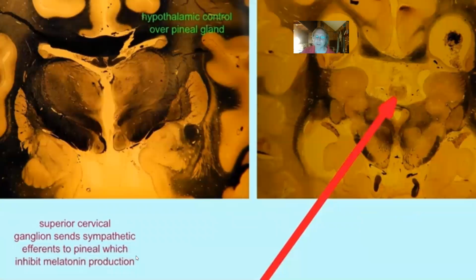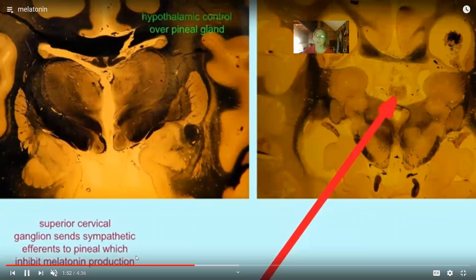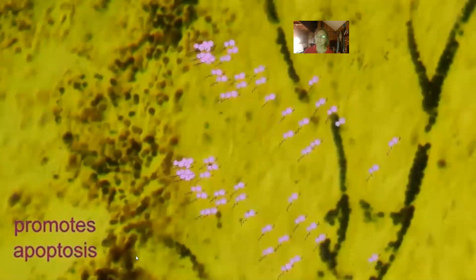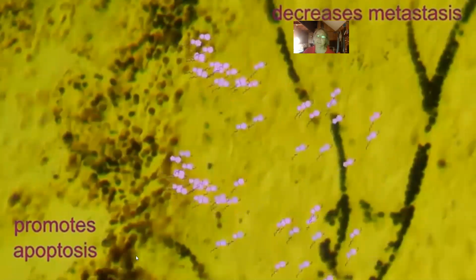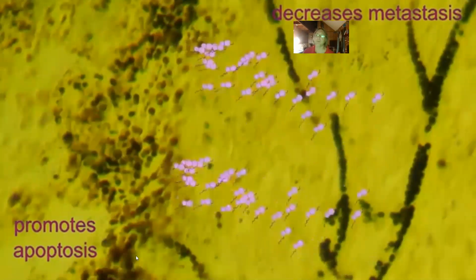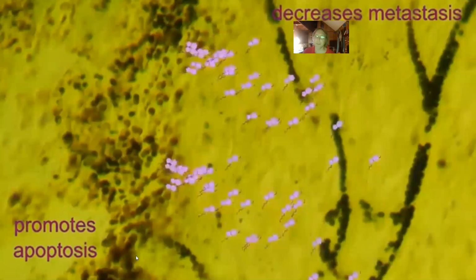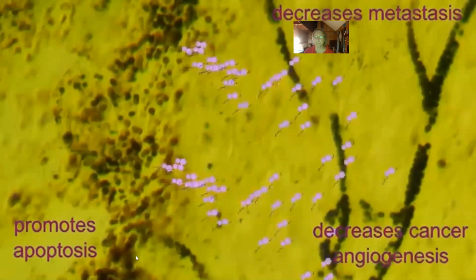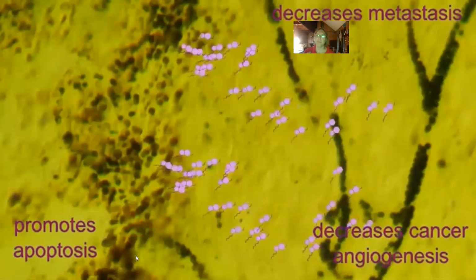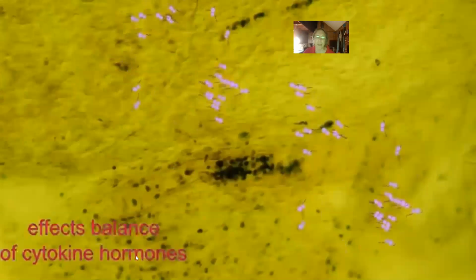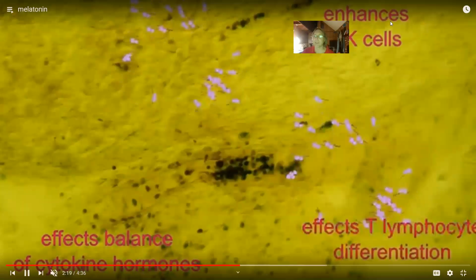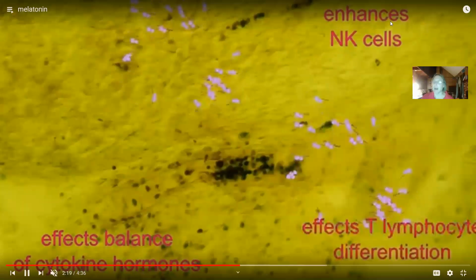Sleeping is actually very good for us, and we get sick when we don't sleep enough. And a lot of this is because of all of the positive things that melatonin does. Melatonin can decrease the spread of cancers and promote the programmed cell death in cancers. Melatonin affects how immune cells differentiate. It affects the balance of cytokine hormones in the immune system. It is itself an antioxidant.